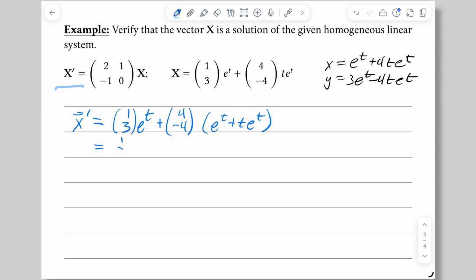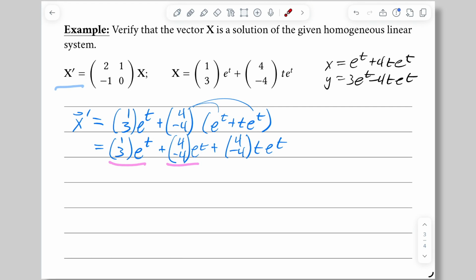That gives us the column 1, 3 times e to the t plus the column 4, negative 4 e to the t. Plus the column 4, negative 4 times t e to the t, right? We're just effectively distributing. We actually have like terms that we can collect.